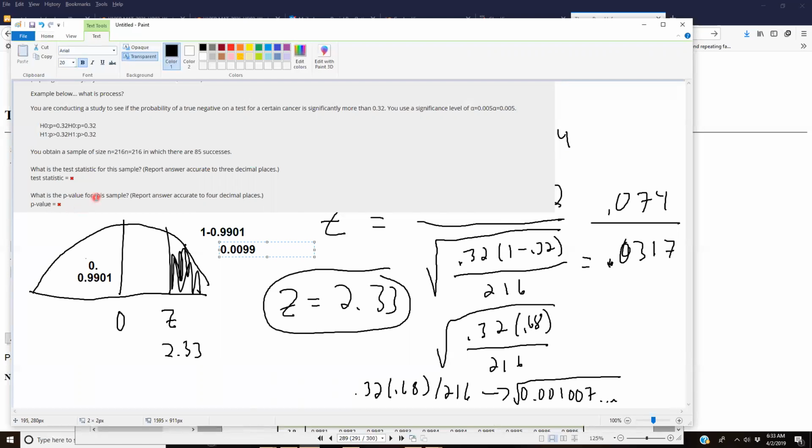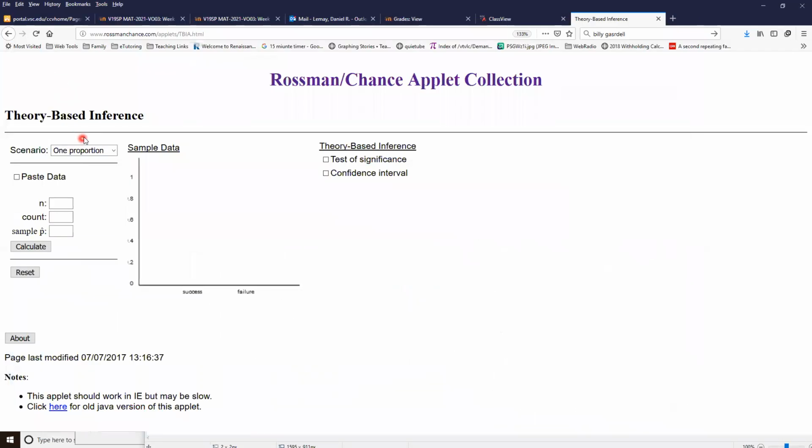Now, that's a lot of work. We've got H0, HA set up. We know X, we know N. That Rossman-Chance applet works really slick with this. Make sure you select one proportion.